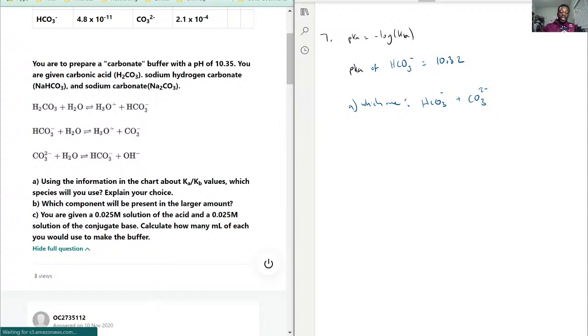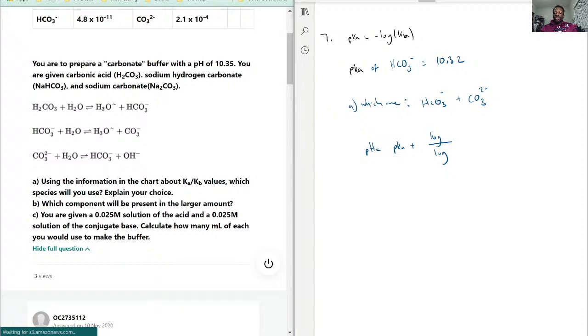Now, which component is present in the larger amount? For this, we have to use ratios, and we use this formula here. pH is equal to, oops, sorry, not negative, bad habits. pH is equal to pKa plus log of conjugate base over conjugate acid.